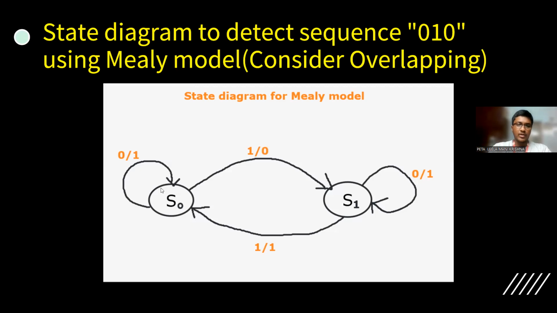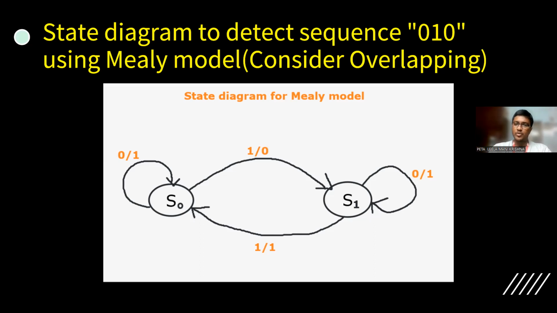So if we consider S0 and if I give the input 0, the output is 1 and the state will be S0 only. So the arrow mark will be represented on the S0 itself. From S0, if I give the input as 1, it will move to the next state, that is S1, and the output will be 0.